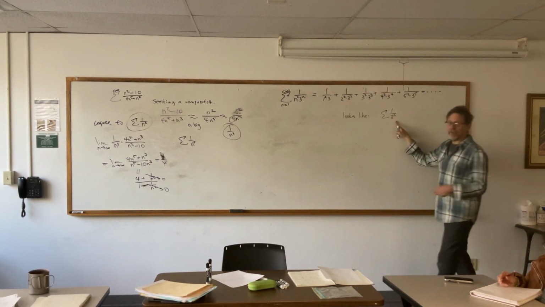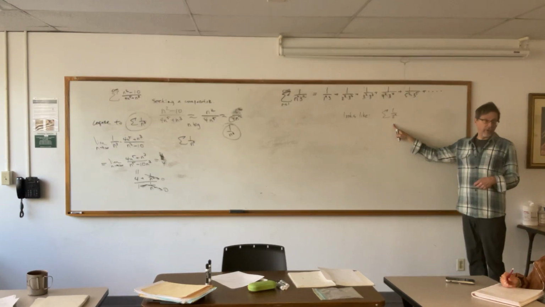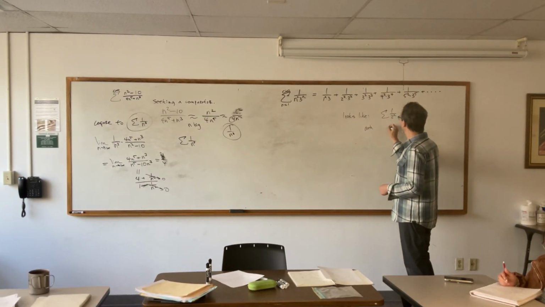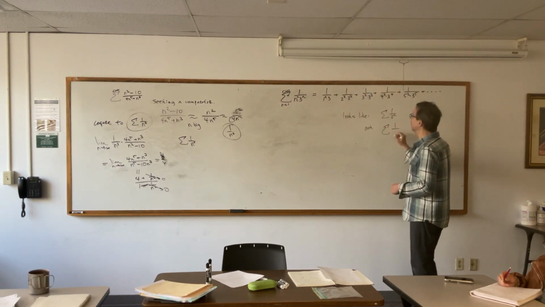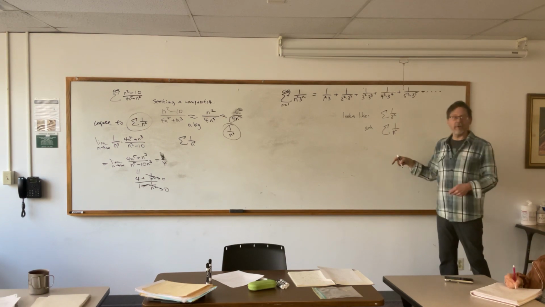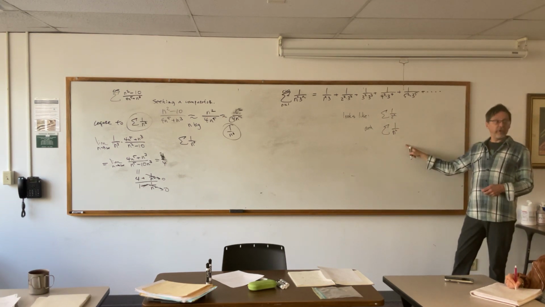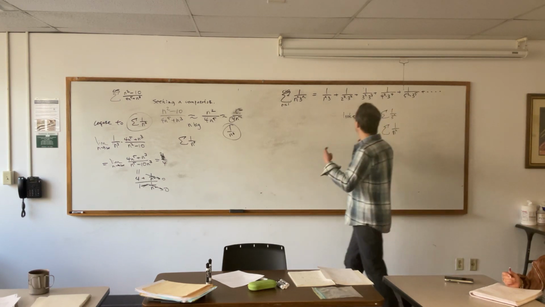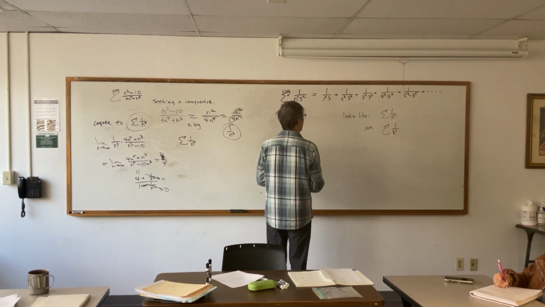Does that converge or diverge? That converges, so it looks like that. What else does it look like? P-series, right? So it's like a combo of these two series. That converges too, because that's p bigger than 1. So I'm seeing like this weird combo of two p-series.